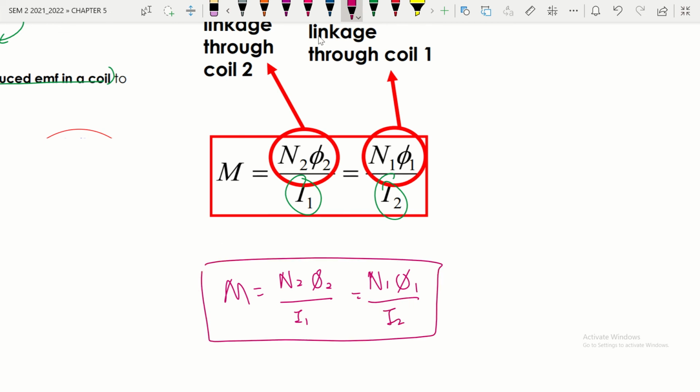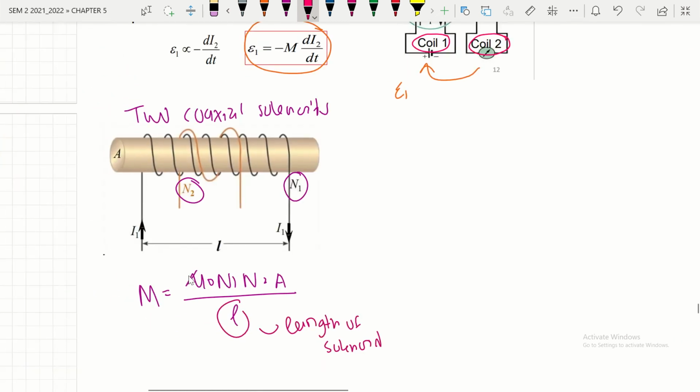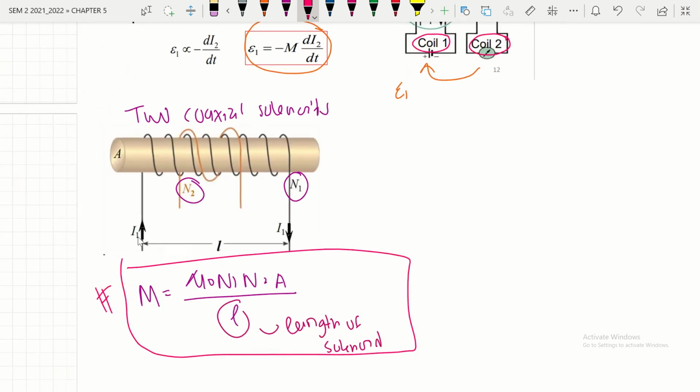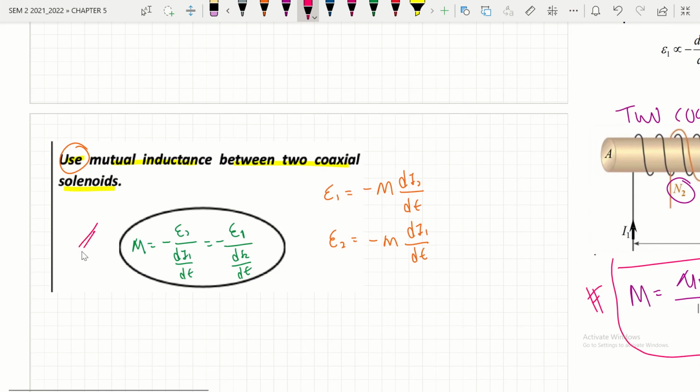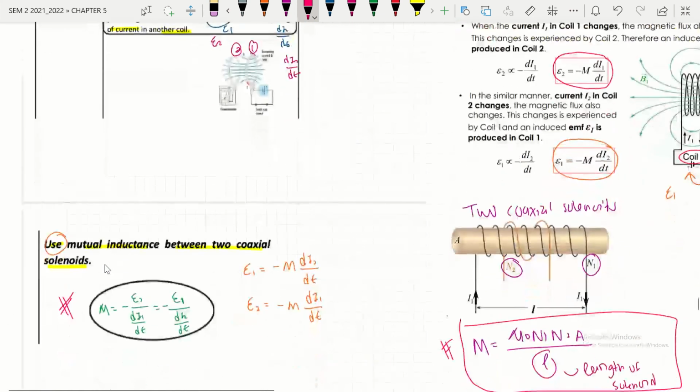So now you will have three formulas. This is the formula for two coaxial solenoids, and these are for the coils. That's all for the mutual inductance concept.